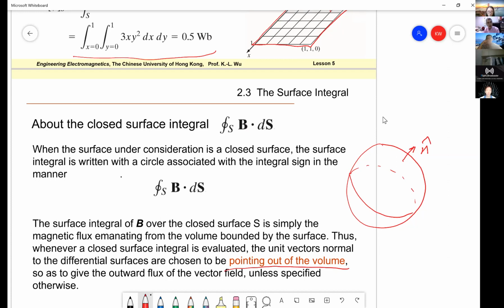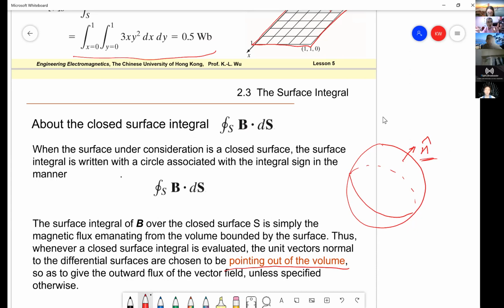That depends on which region we are interested in. In most cases, we are interested in a finite volume, not an infinitely large volume. So in this case, n is outward of this sphere or this surface.